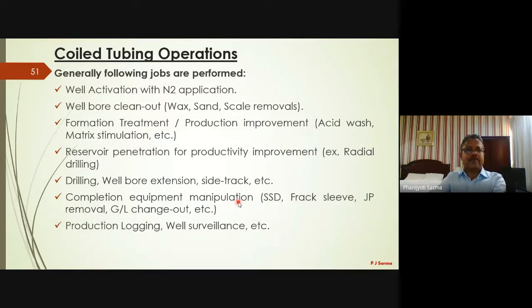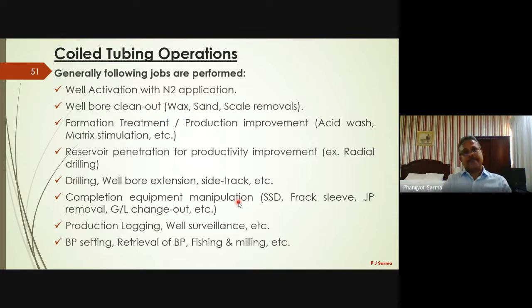Production logging, well surveillance activities, production logging, and other corrosion logging and all other well surveillance activities like pressure and temperature surveys or noise surveys. All these kinds of operations can be carried out with coil tubing operation.